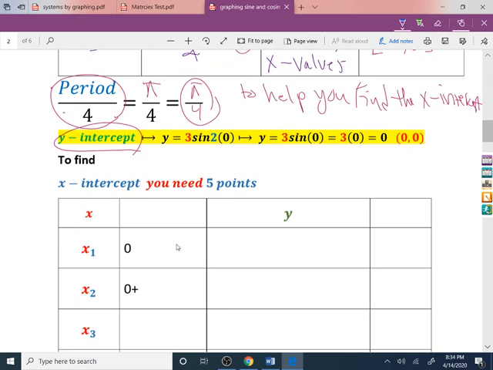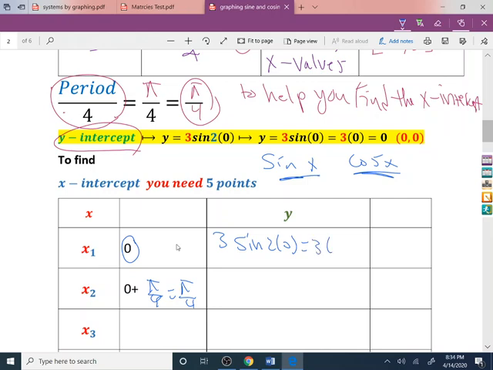Now my 5 points. In this function, sine x or cosine x, in the standard form, both of them start with what? 0. Then 0 plus pi over 4, which is pi over 4. Now here, 3 sine 2 times 0, which is 3 times 0, which is 0.